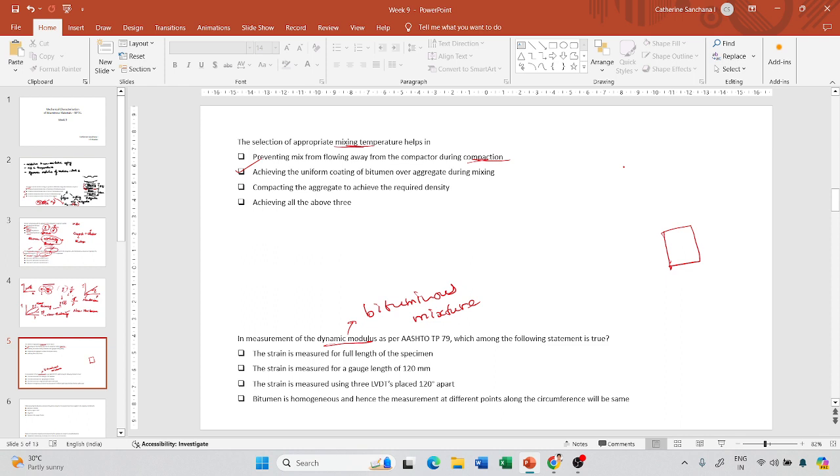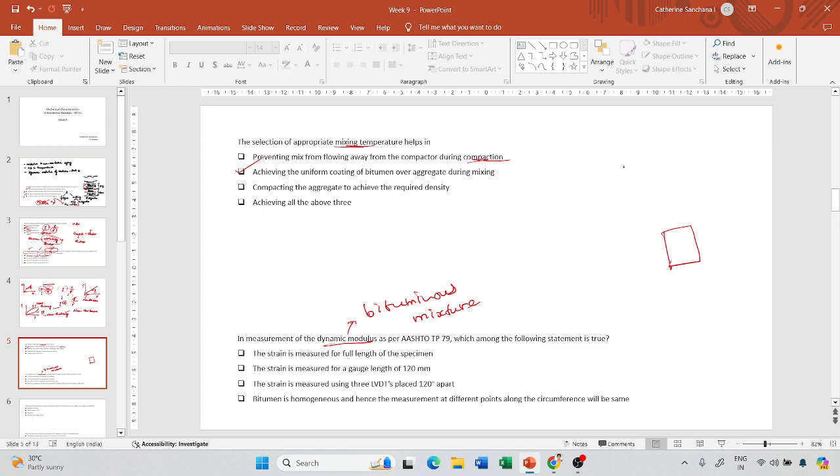We did not get into the types of compacting equipment. There are three equipments in the laboratory for compacting the bituminous mixture. One is a Marshall compactor, which will compact by impact.